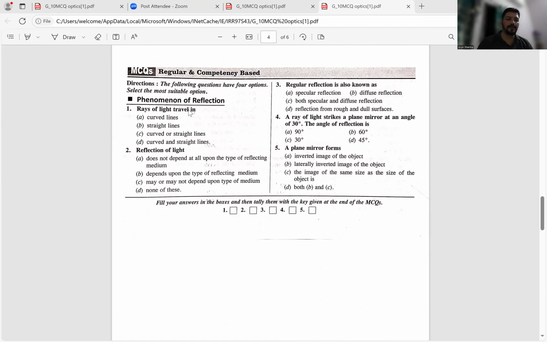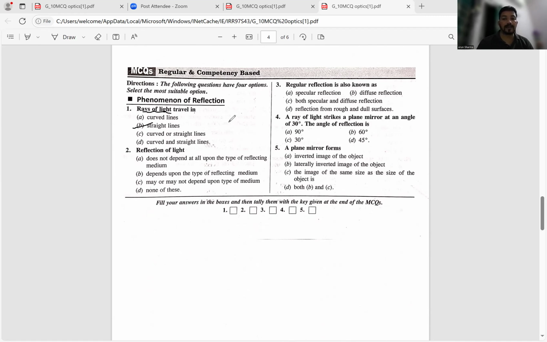The ray of light travels in a curved line or a straight line? Yes, the ray of light travels in a straight line. After that, in grade 10, in the chapter on myopia and hypermetropia, the human eye and the colorful world, you know about atmospheric refraction.